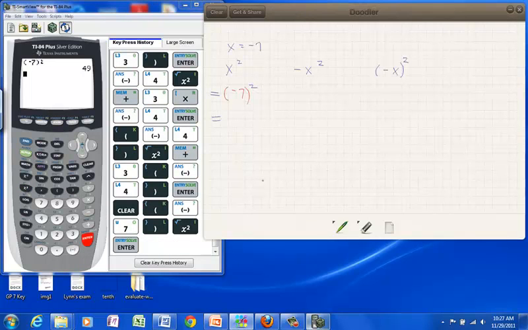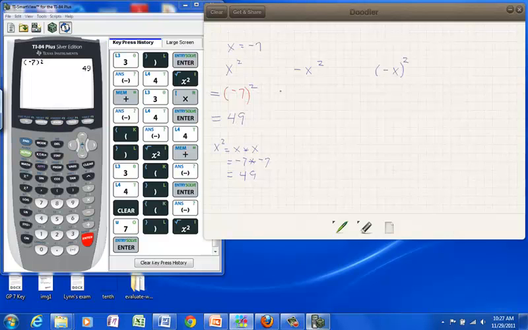So the result is positive 49. Now that's the same answer I should have gotten as if I were to write x times x, or -7 times -7. And so yes, that should be a positive 49. If you didn't put the parentheses around here, you would not get a positive number.